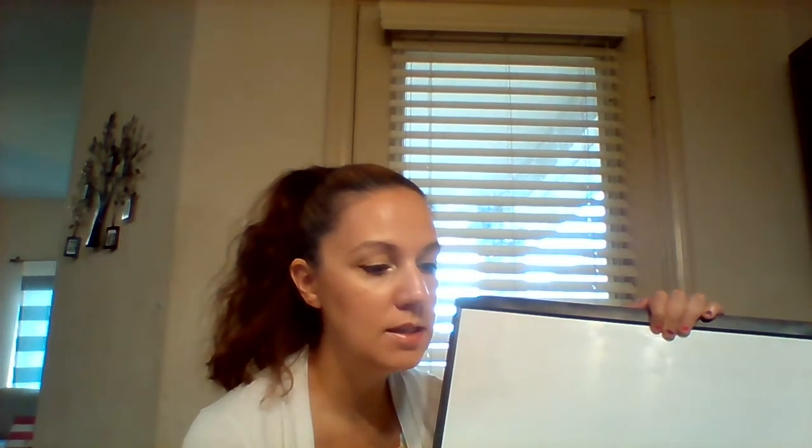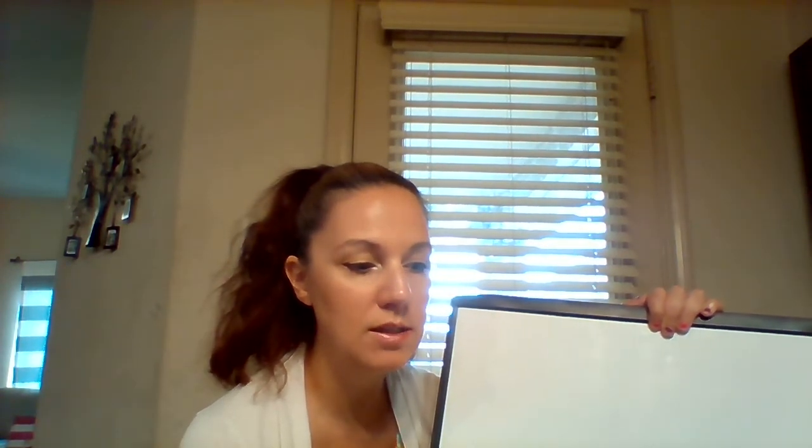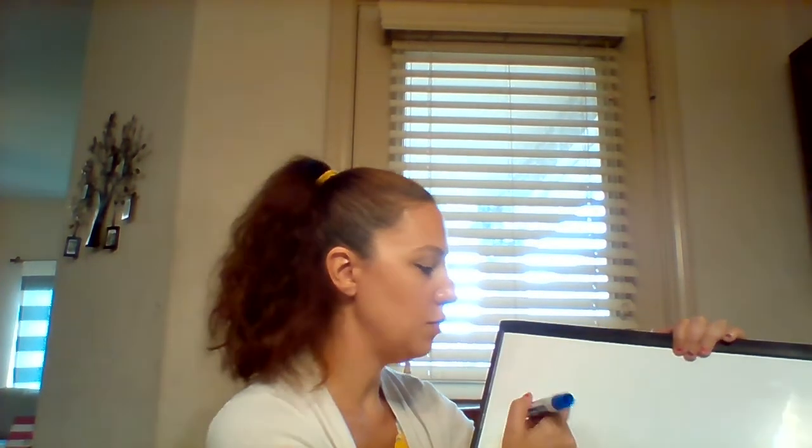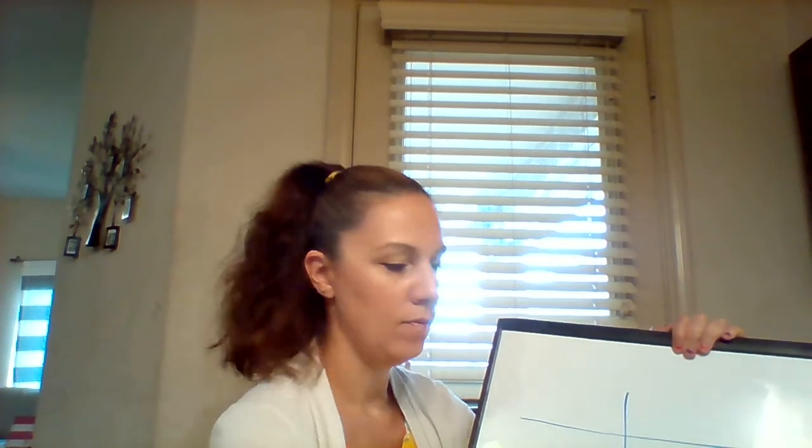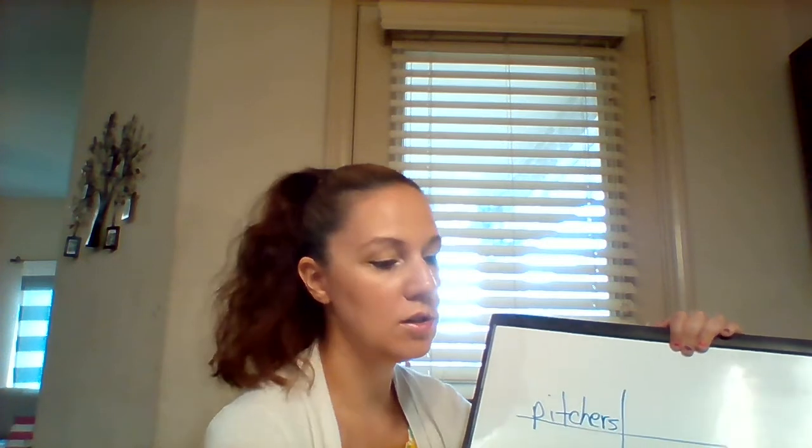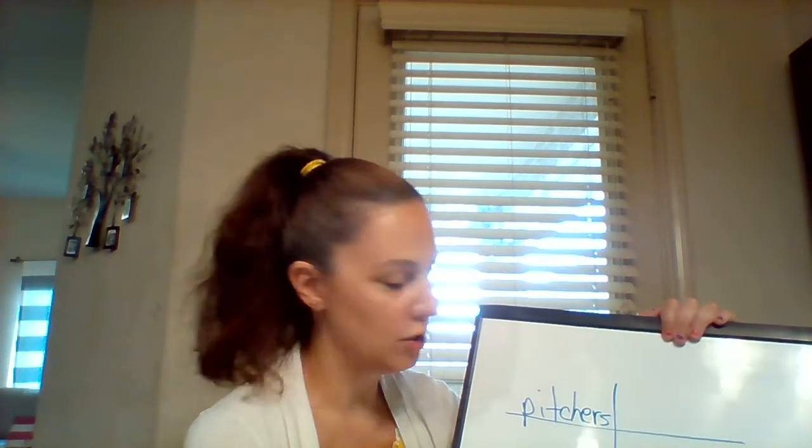So on page 498, your sentence is, the best pitchers on the team are Rosalind and Lillian. Okay, so first of all, my subject and predicate. My subject is pitchers. It's always going to be a noun or pronoun. Pitchers. And then I have two words describing the pitchers.